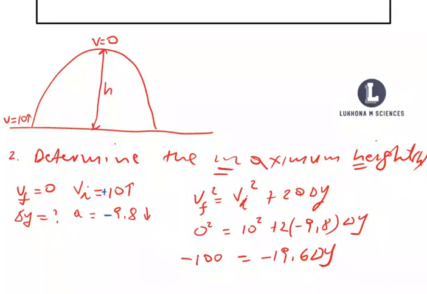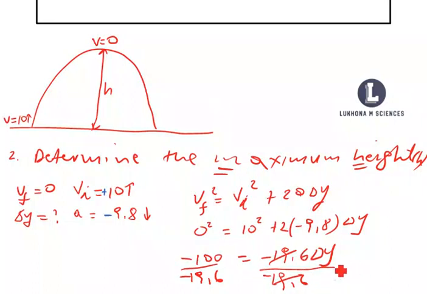Then we divide by negative 19.6 on both sides.